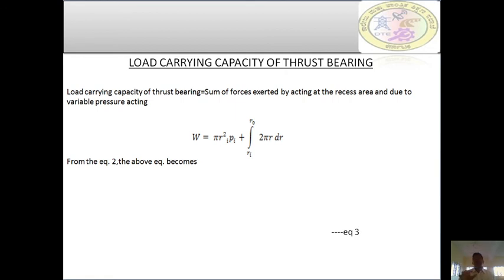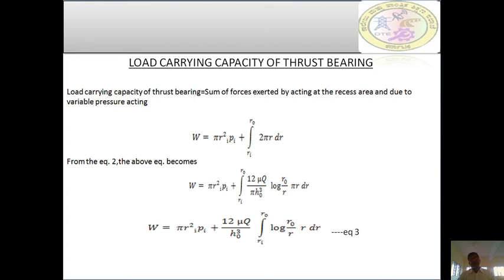You integrate 2 pi r into dr. From equation 2, the above equation becomes, you substitute the value of q in the above equation, then the equation becomes W is equal to pi r0 ri square plus pi, plus the integration of 2 pi r into dr. Then this equation becomes like this.